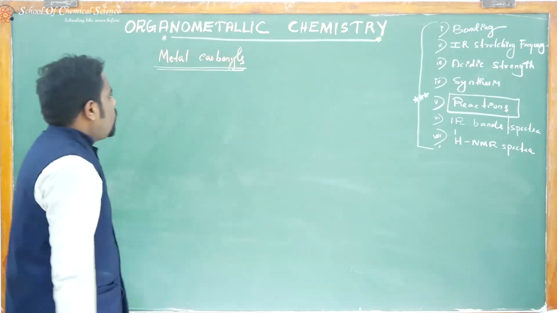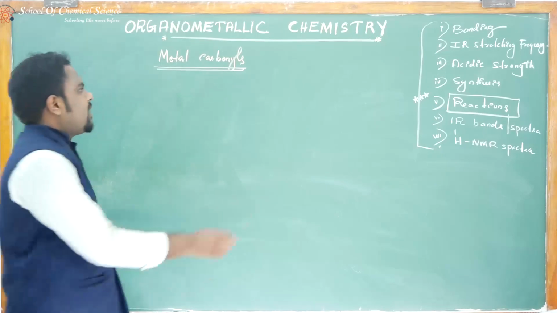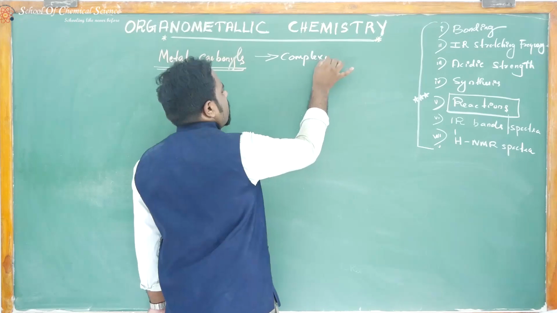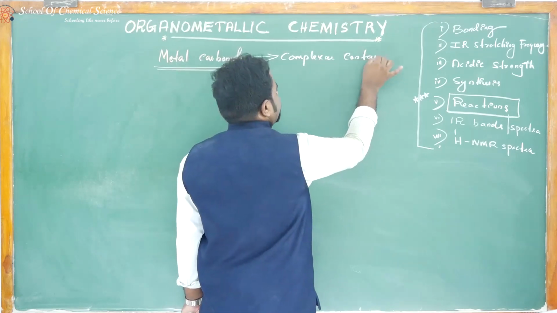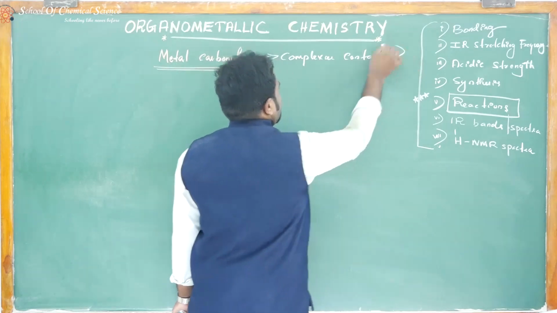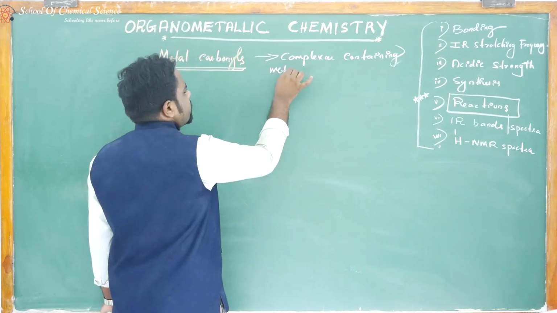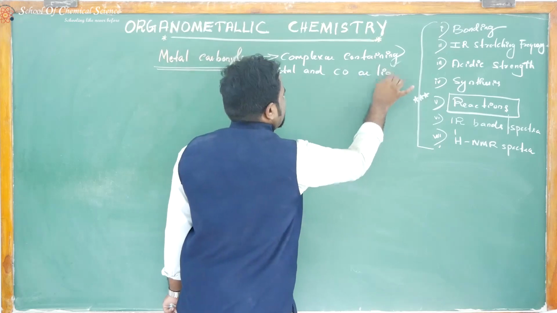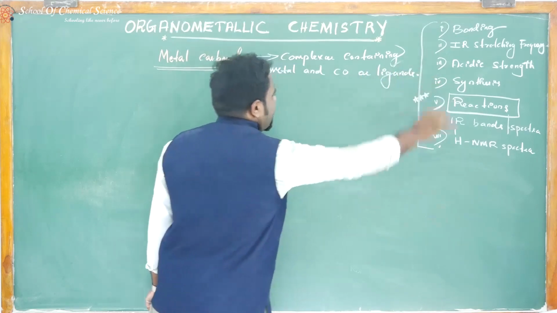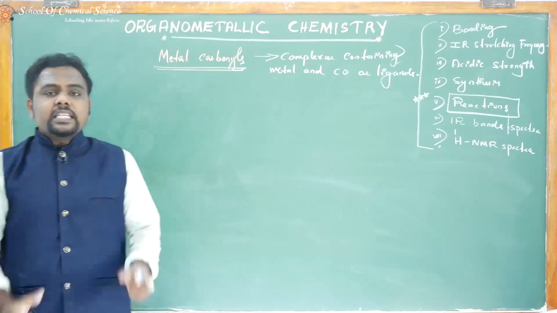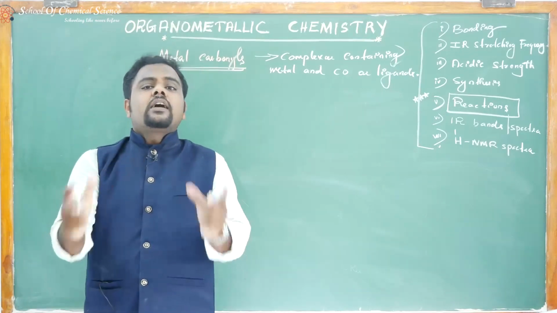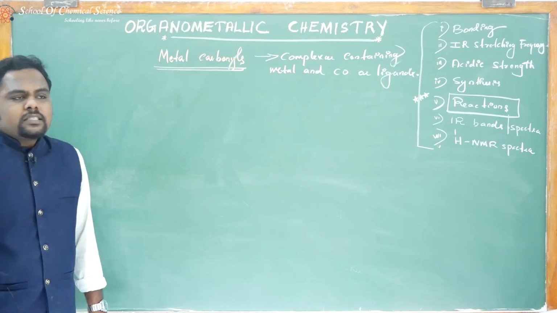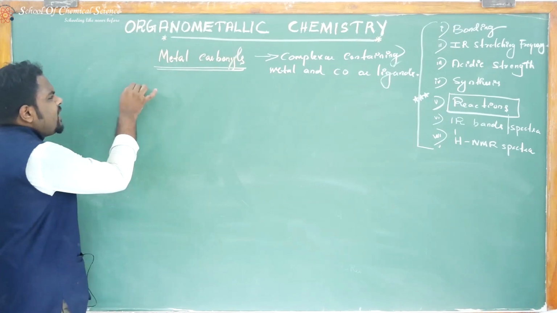First of all, what is metal carbonyl? Metal carbonyl means complexes containing metal and carbon monoxide as ligands. Here a metal is present and your ligand is carbon monoxide. They are classified into two.